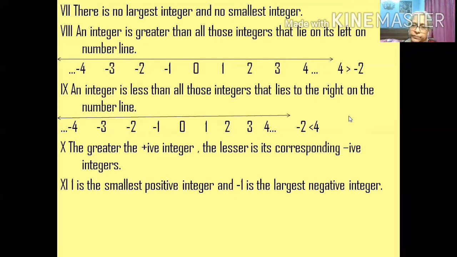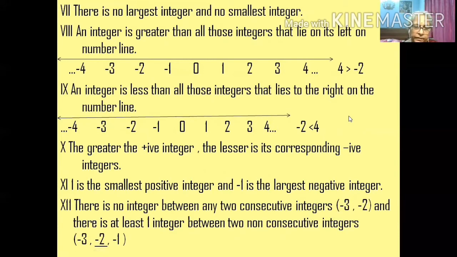1 is the smallest positive integer, since after 0 comes 1, and minus 1 is the largest negative integer. There is no integer between two consecutive integers.